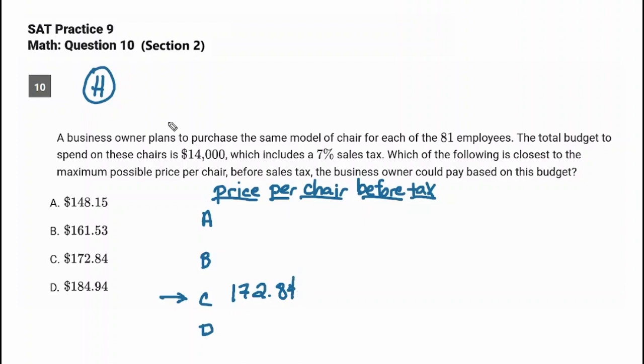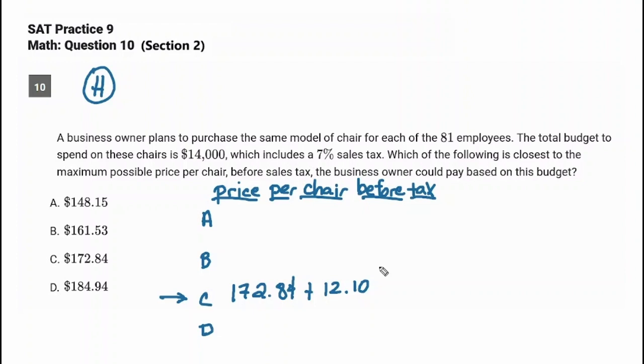So what do you do with that number? Well, you got to add the 7% sales tax. So you're going to take 172.84 times, don't mess this up, it's 0.07. It's not 0.7. And you're going to get about $12.10. You can add up the full decimal number on your calculator back to 172.84.